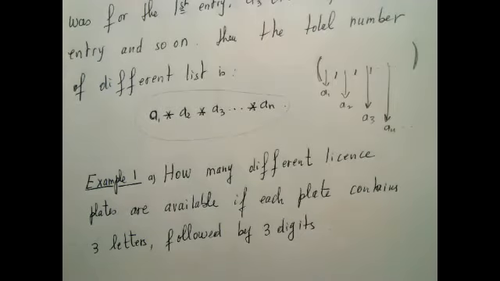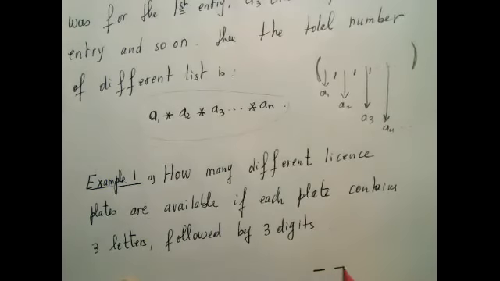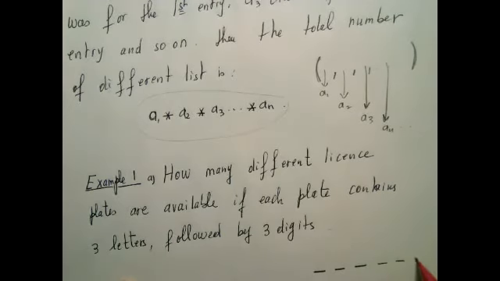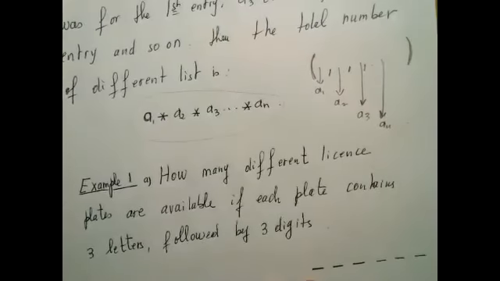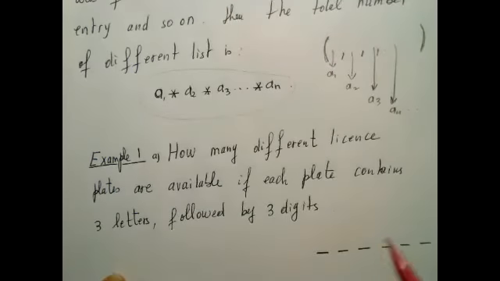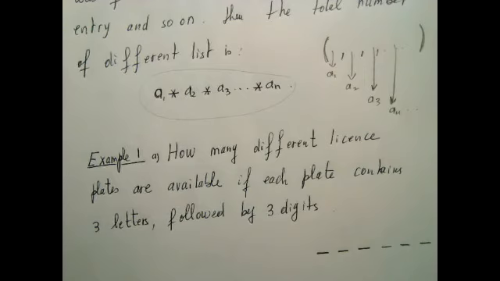Okay. So it's a license plate available. Each plate contains 3 letters. And the order matters because, as you guys know, these are license plates. So I can think of every license plate as a list of 6 objects. All right, who wants to give me the answer? Anybody? Chat, talk, anything.